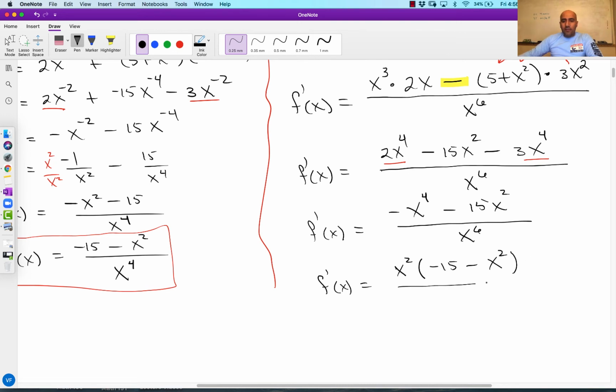And then the whole thing gets divided by x to the sixth power. And I just flip them around just to make it look like the other ones, just so that they all match. And now this will reduce with that to give me x to the 4. And so my final answer will be that the first derivative is equal to this fraction, with minus 15 minus x squared all over x to the power of 4.